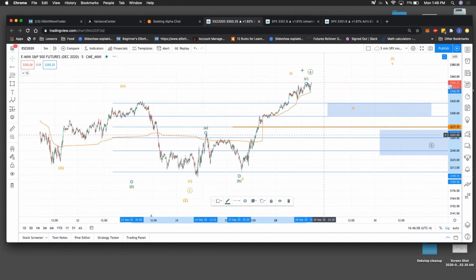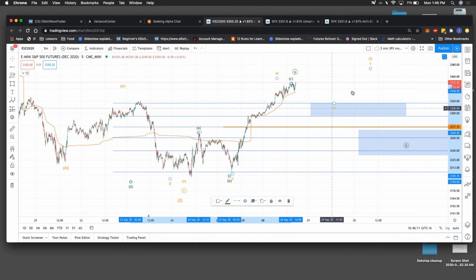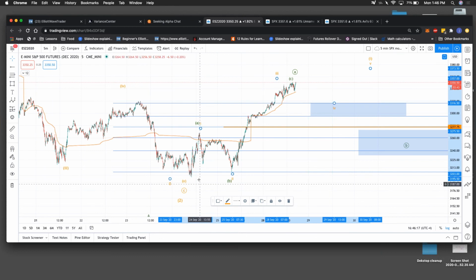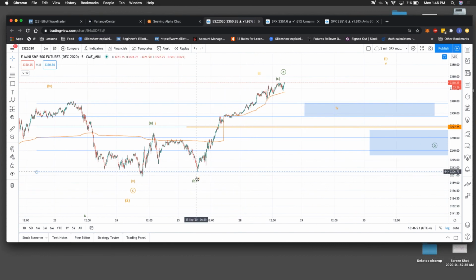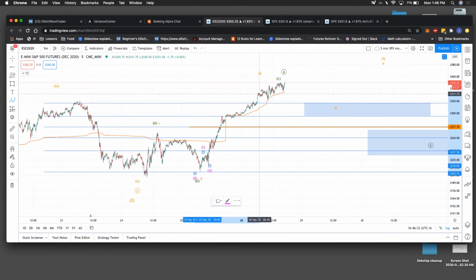As I mentioned before, if we do get a pullback in wave 4 and then get another high in a wave 5, I think that would be a better interpretation. But for now, we have 3 waves up into Friday's high, and then a 3-wave pullback, and then this probably looks like a 1, 2. I'll count it out. So it'd be 1, 2, 3.